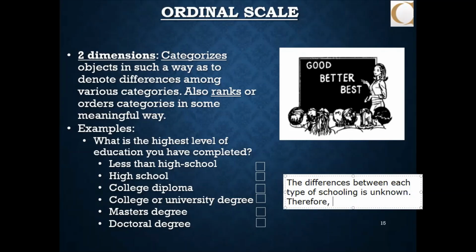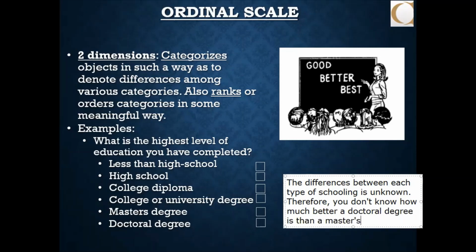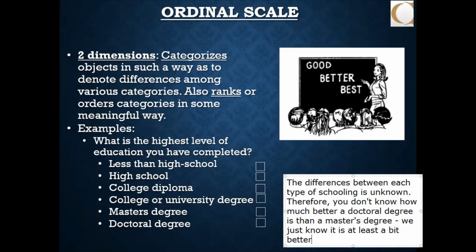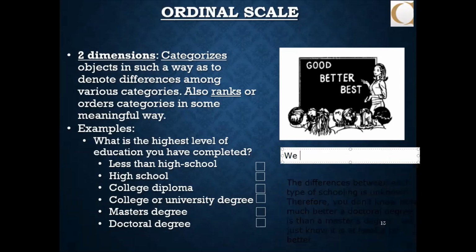Therefore, you don't know how much better a doctoral degree is than a master's degree. We just know it is at least a bit better. So we don't really know the size of the difference.